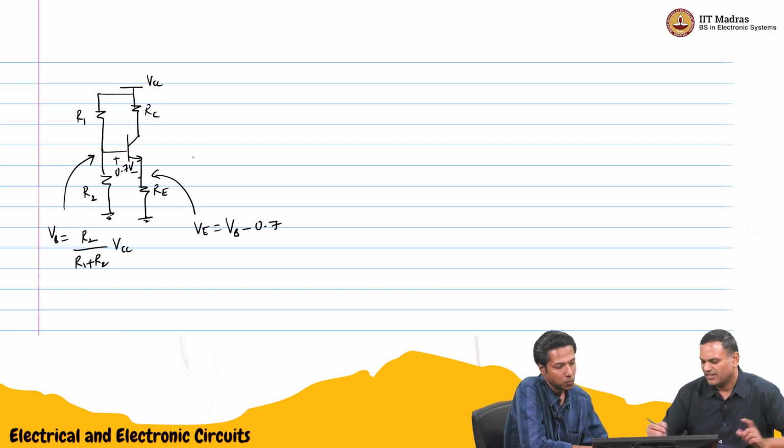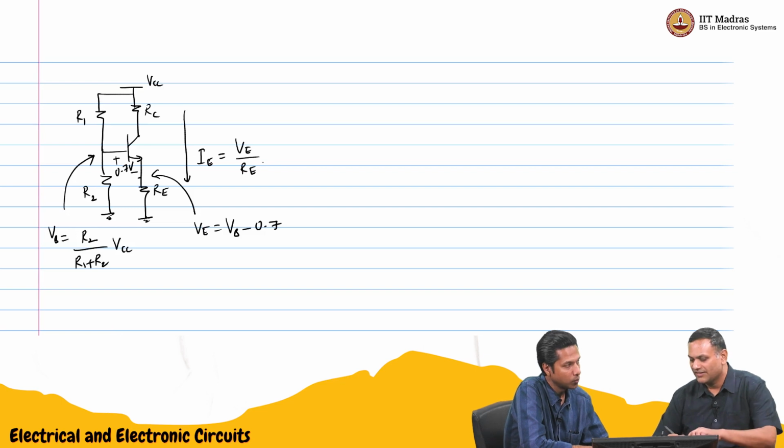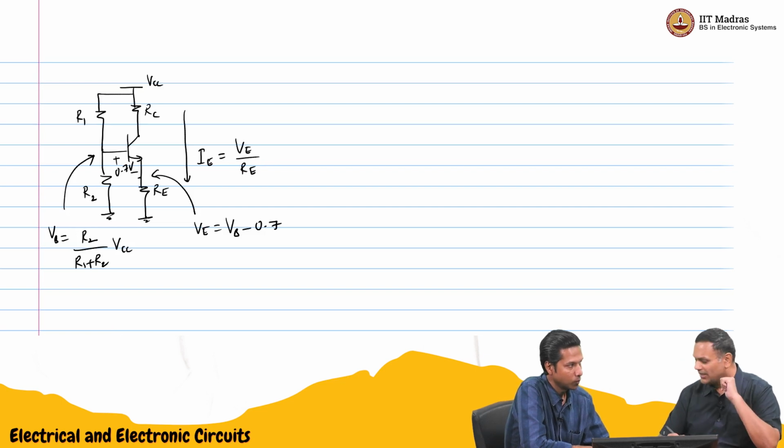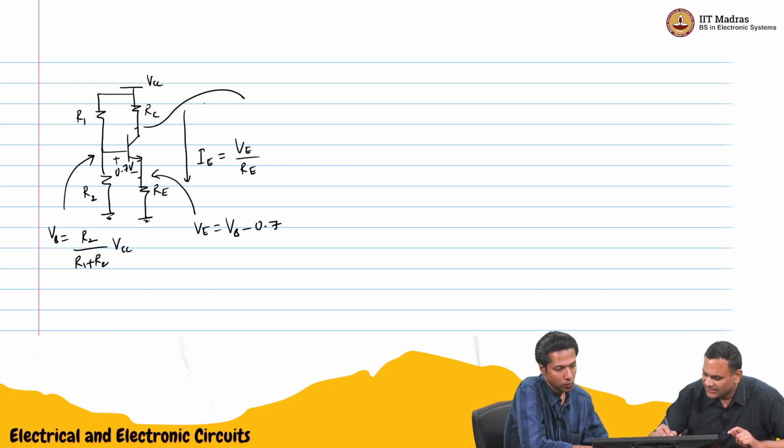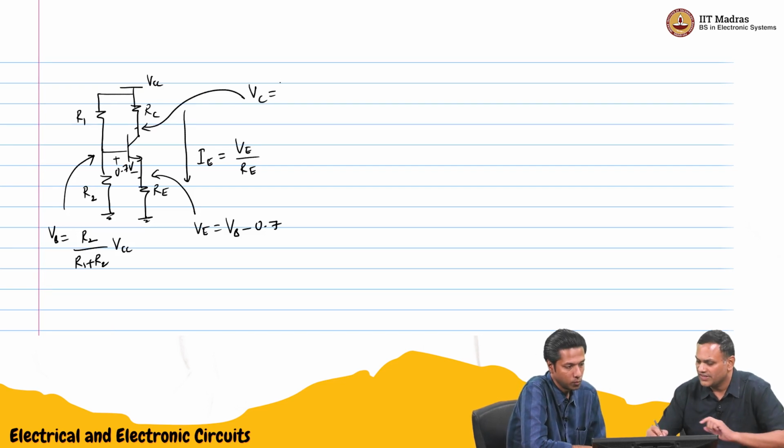Then the emitter current is just VE by RE, and that flows through the collector as well. And then the collector voltage VC was VCC minus IC times RC.